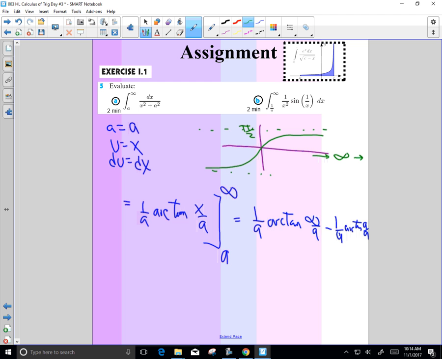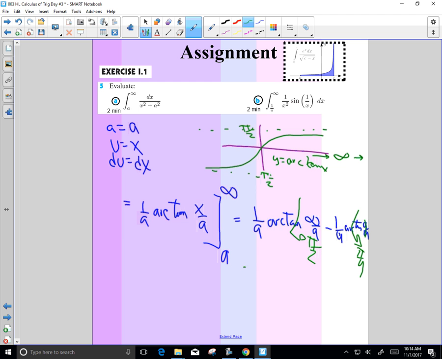And this is negative pi over 2. So for y equal arctangent, as x goes to infinity, that y value is going to finish at pi over 2. And the arctangent of 1 was just pi over what?